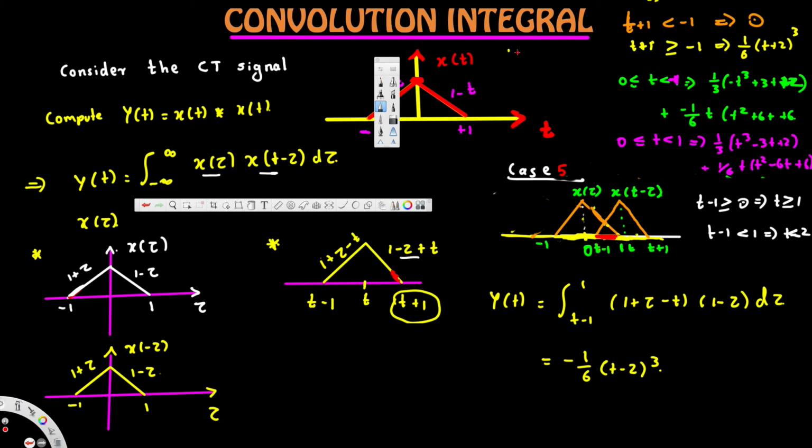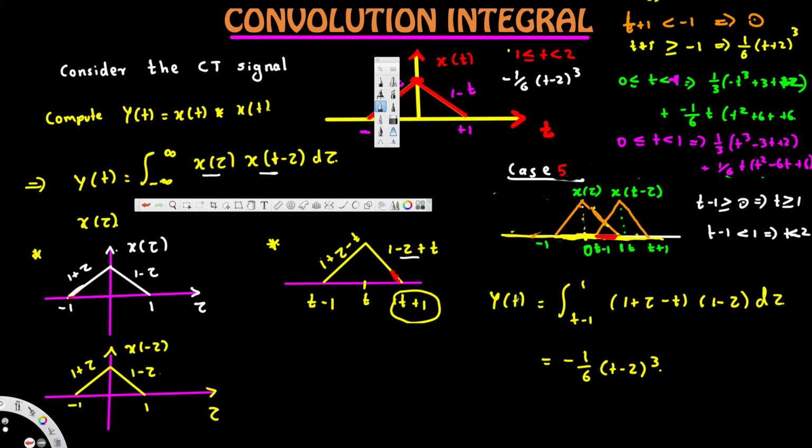Okay, let's say t is between 1 and 2. At that time we have this expression. Let's use a different color. Let's use white. Minus 1 over 6 t minus 2 cubed. Okay, this is the next region.